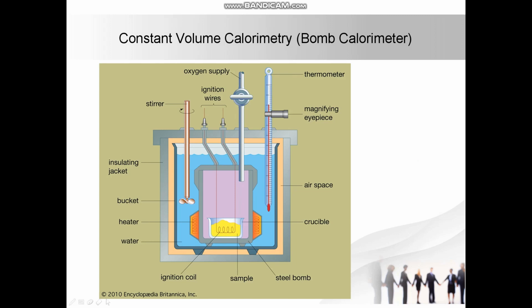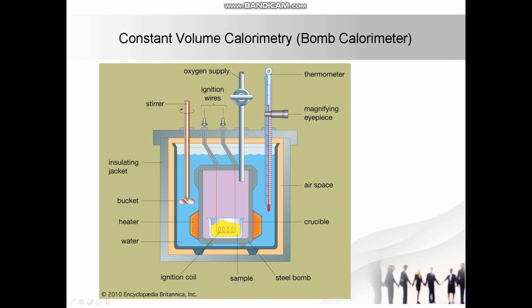Now this coil is used to ignite the sample, and when it is burned, the heat generated by it will be taken up by the water which is in the surrounding region.